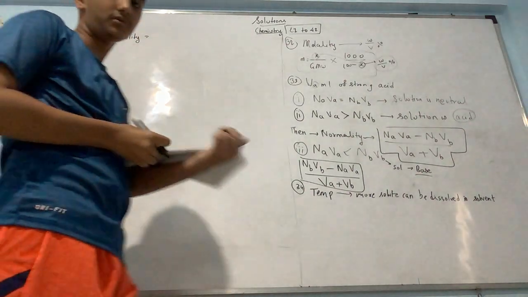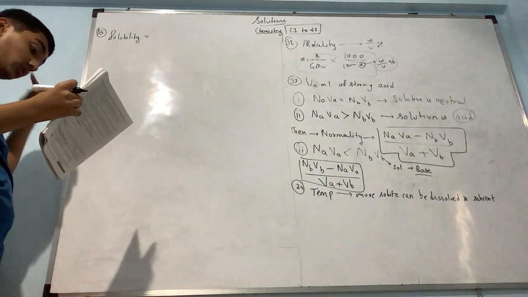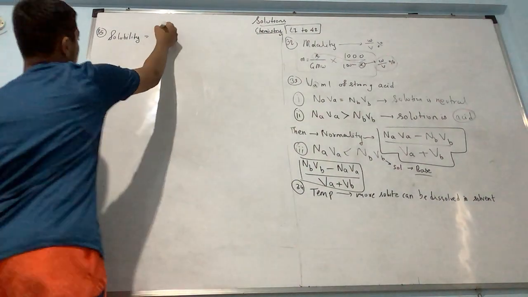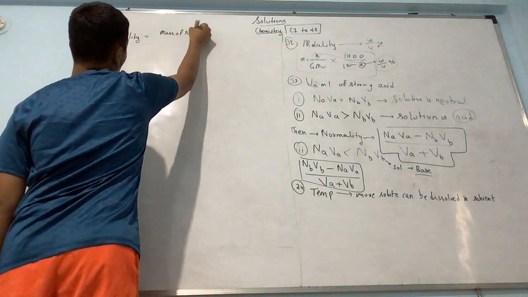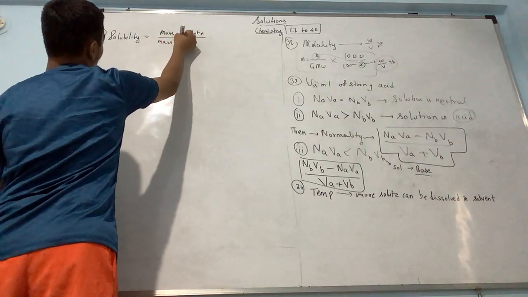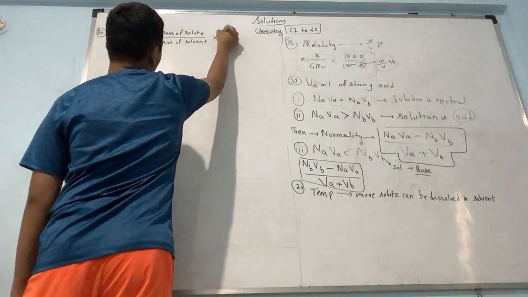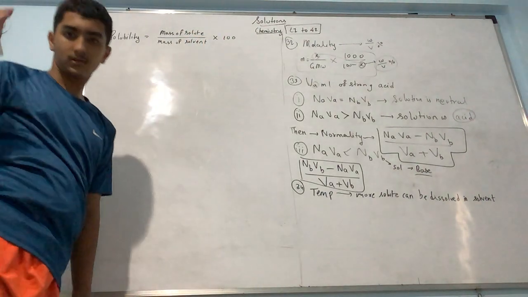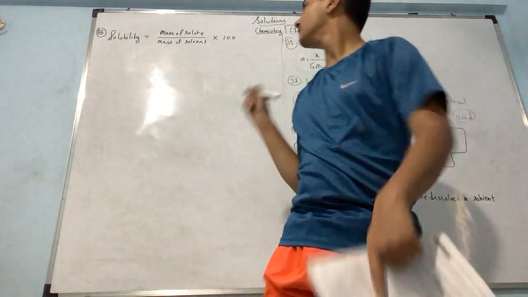Solubility is equal to mass of solute, means the weight of solute, upon mass of solvent, multiplied by 100. This is the formula of solubility. Understood? Easy.